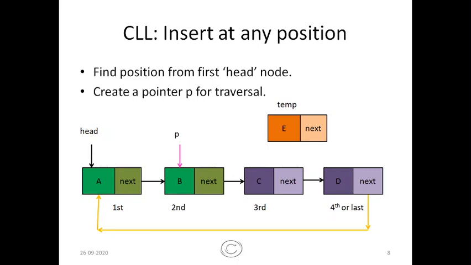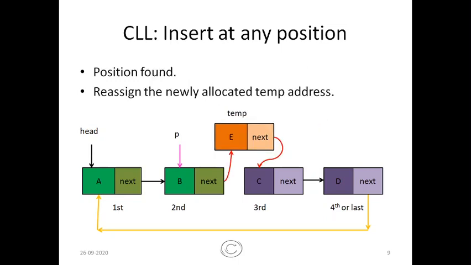Now we travel to the next node. By P is equal to P next, we jump to B's node address. At this node we found the position. Now I want to insert the temp node, so you have to readjust the links. B's next address and E's next address will be adjusted.